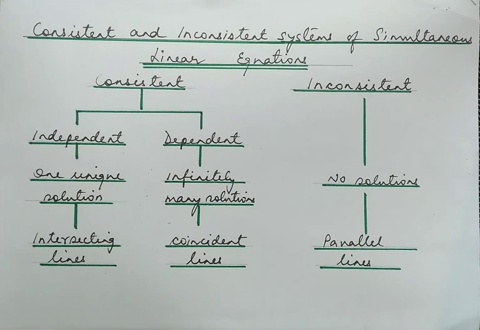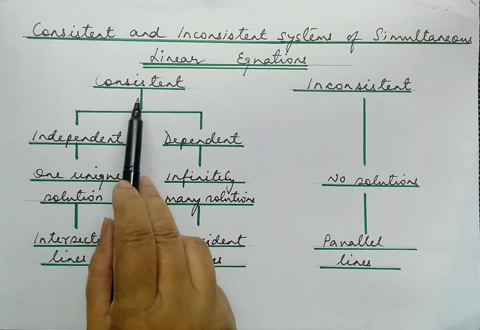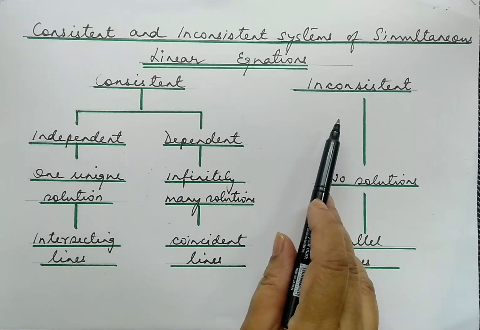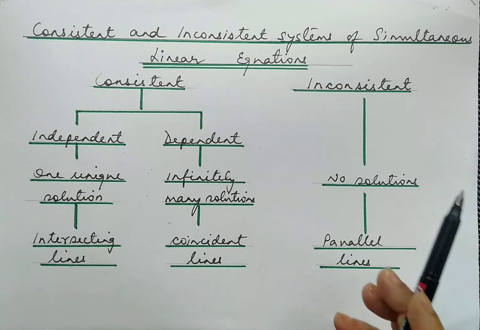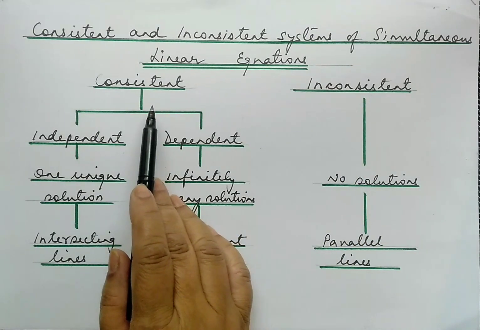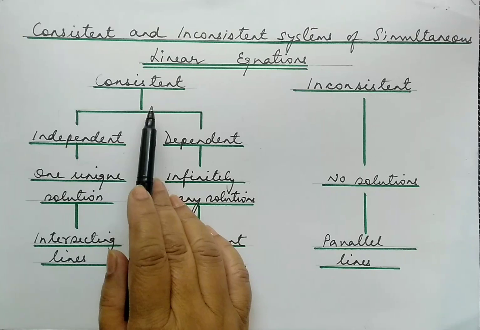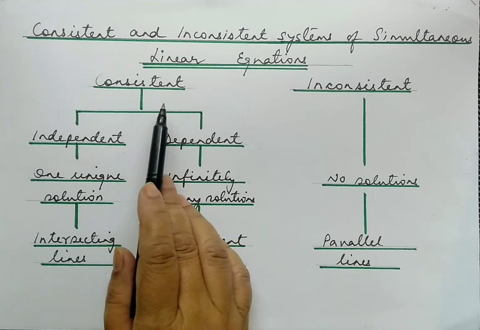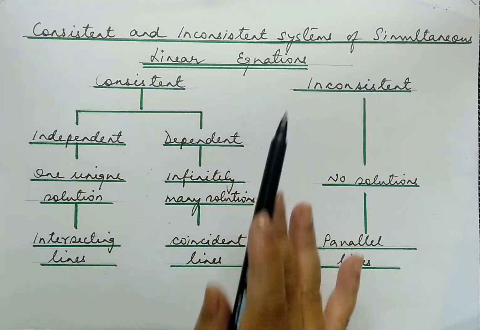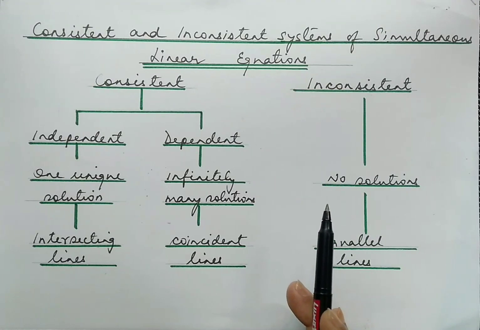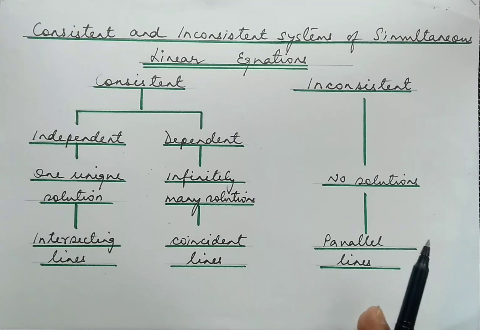For example, which of them is supposed to be consistent and which inconsistent, and why consistent. You have to unfold the truth behind consistency of simultaneous linear equations, both algebraically as well as graphically.